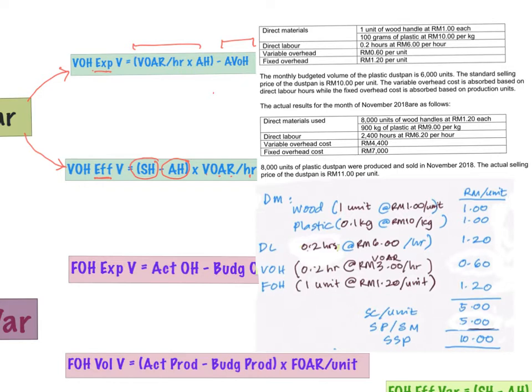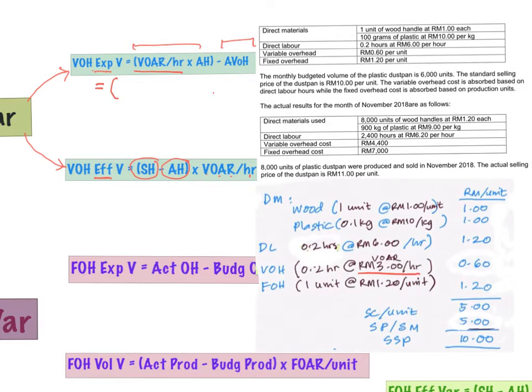Okay, referring to our question and the standard cost card that we have here, we calculate the variable overhead expenditure variance. So we take the variable overhead rate per hour. Refer to our standard cost card. You have VOAR per hour here.